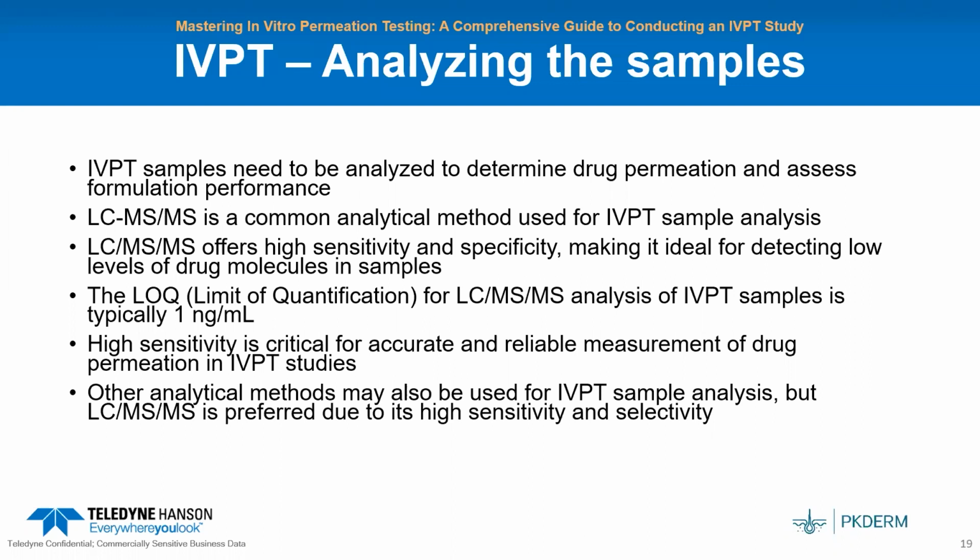The limit of quantification for analysis of IVPT samples is typically very low, almost 1 nanogram per ml, making LC-MS-MS ideal for detecting even very small amounts of drug molecules that may have penetrated the skin. So high sensitivity is critical for accurate and reliable measurement of drug permeation in IVPT studies.